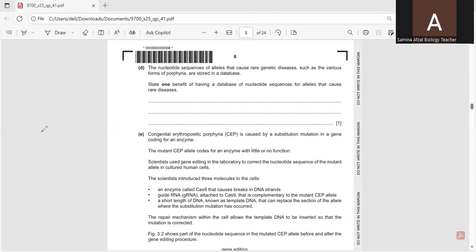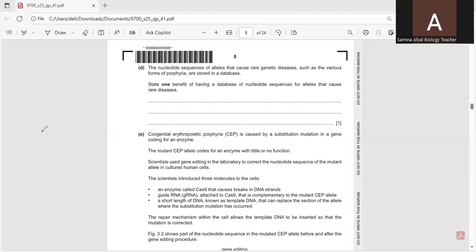It allows scientists to confirm pathogenicity if a mutant is rare, by seeing it documented in a database alongside clinical information from other patients globally. In this way, the database facilitates research into the molecular cause of the disease by comparing the effects of different mutations or symptoms. There are many benefits for this, but we have to write only one.